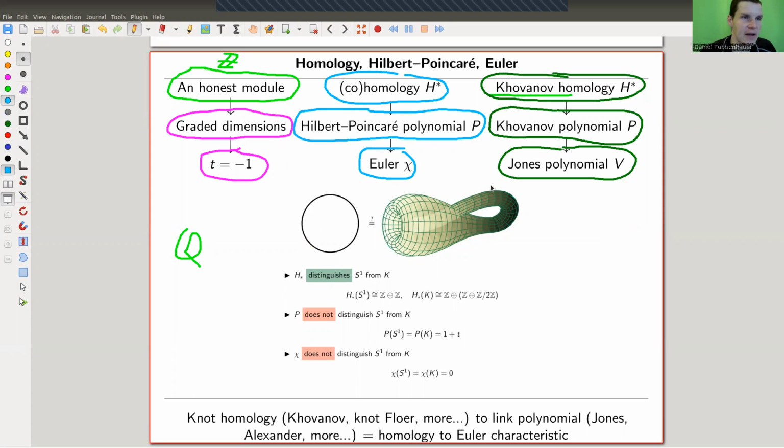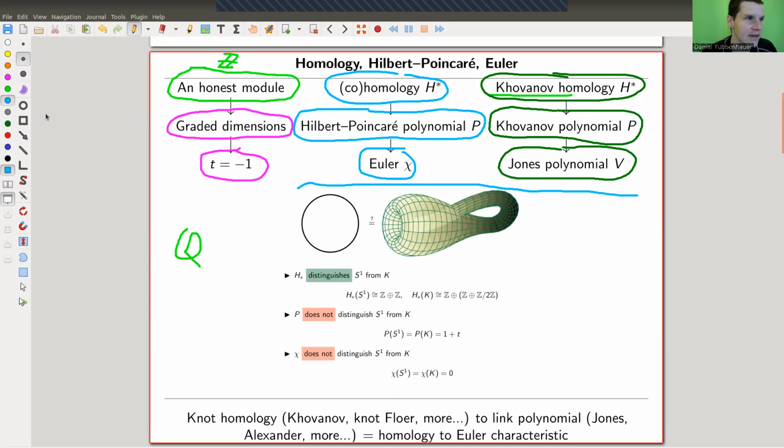For now, this is just the analogy. But the point is, you have an honest vector space, you take dimensions, and then you specialize even further. In each step downwards, you lose quite a bit of information, and the big thing is sitting on top. The Jones polynomial is sitting at the bottom, so this can't be all that bad, and effectively, it's really good.